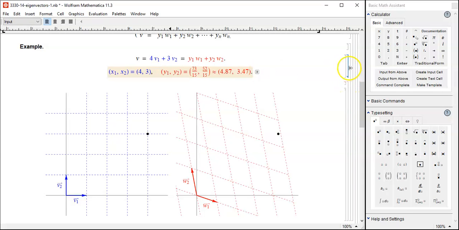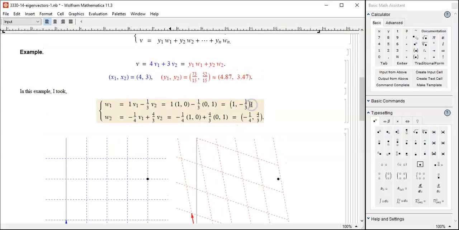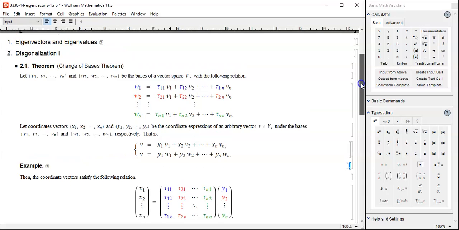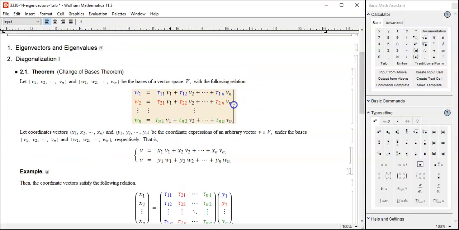As a matter of fact, in this particular case, W1 and W2 are like this: 1, negative 1/3, negative 1/4, 4/3. So the linear combination of W1 is like this, and the linear combination for W2 is like that, which actually corresponds to the first line and second line of this general situation.